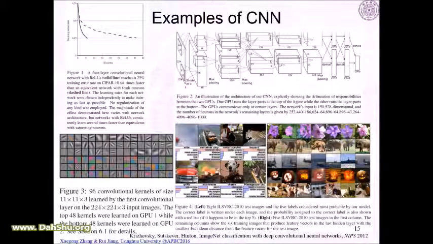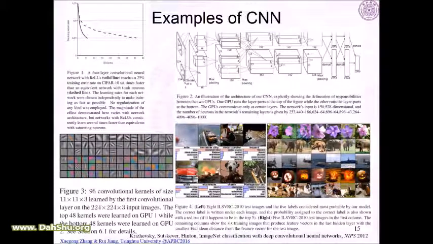Another example is image understanding. So this is the structure. I will not go through it in detail, but there are two points I want to show. One is that in this experiment they compare the rectified linear unit with the sigmoid function.